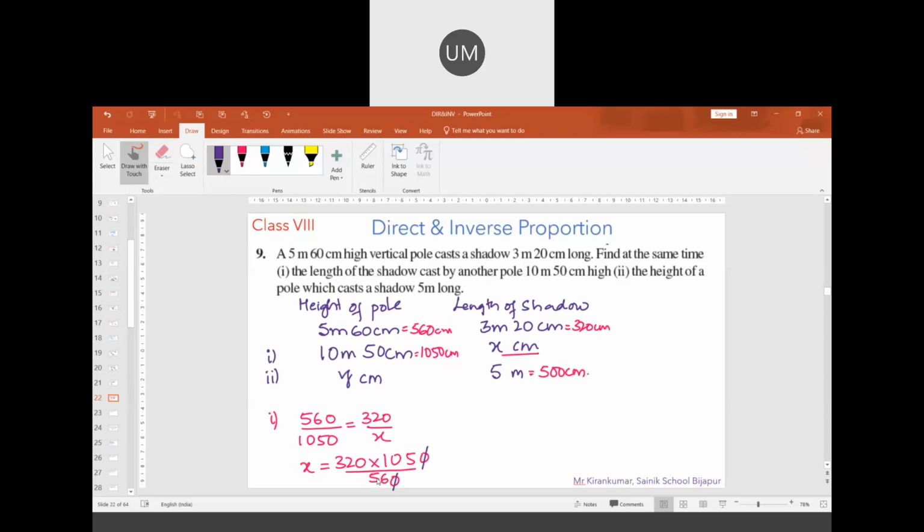This is divisible by 2. 7 8s are 56, and 7 15s are 105. 8 times 40 is 320, 40 times 15 is 600. So we get it as 600 centimeter. That is same as 6 meter, sir.